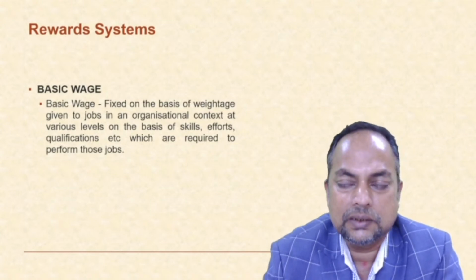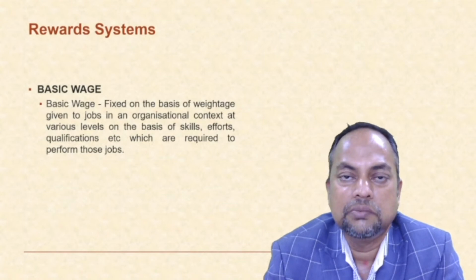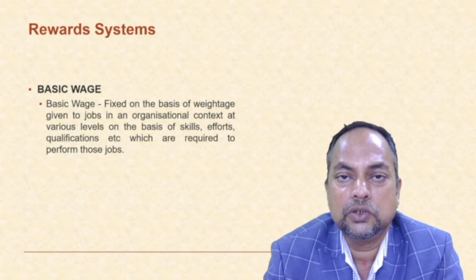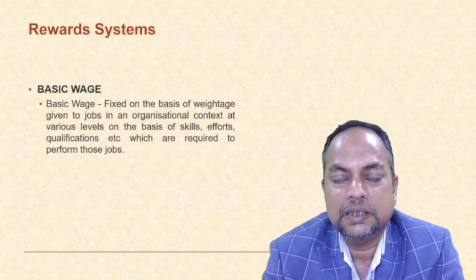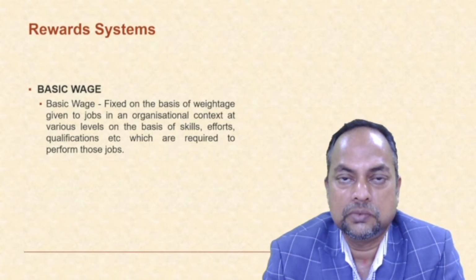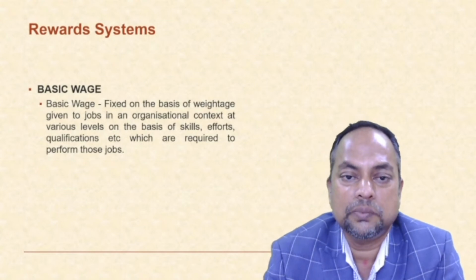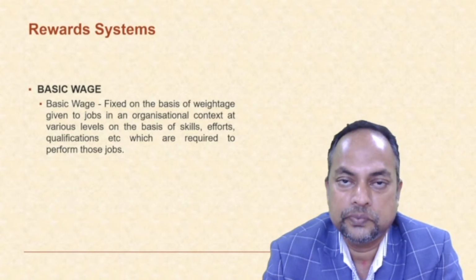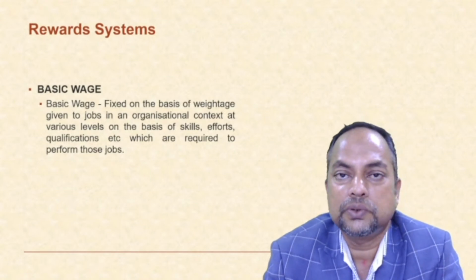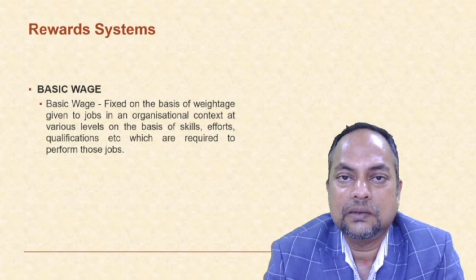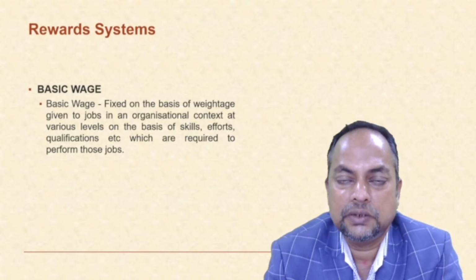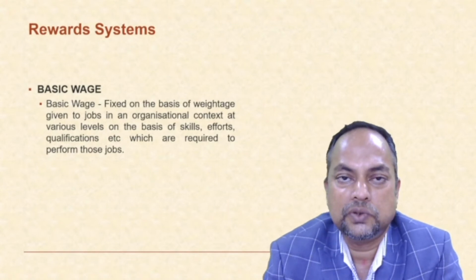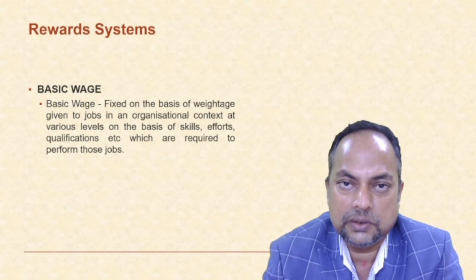We have already discussed that basic wage refers to the fixed amount of monetary compensation associated with a particular job on the basis of the weightage given to the job. That is what we understood through the process of job evaluation, that all the jobs are first analyzed to understand the job description and the factors that comprise the job.